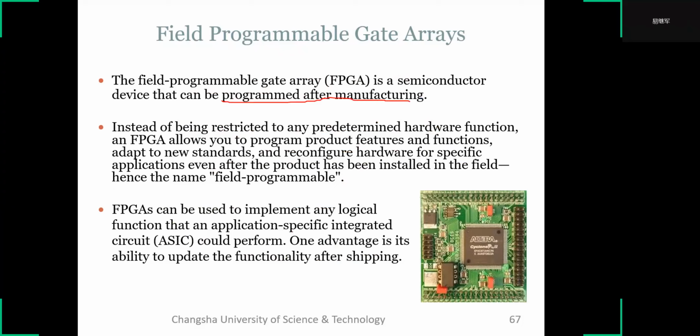Instead of being restricted to any predetermined hardware function, an FPGA allows you to program product features and functions, adapt to new standards, and reconfigure the hardware for specific applications even after the product has been installed in the field. Hence, the name field programmable.